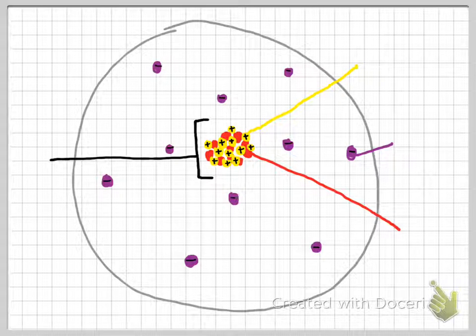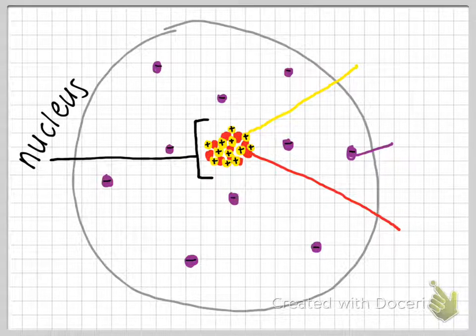I drew a diagram here for those of you that want to see where those subatomic particles are located. So the middle section is the dense core. That whole thing is the nucleus. And that nucleus, we said, is made up of protons and neutrons. The protons are the ones that have the positive charge, and those are the ones that I drew in yellow.